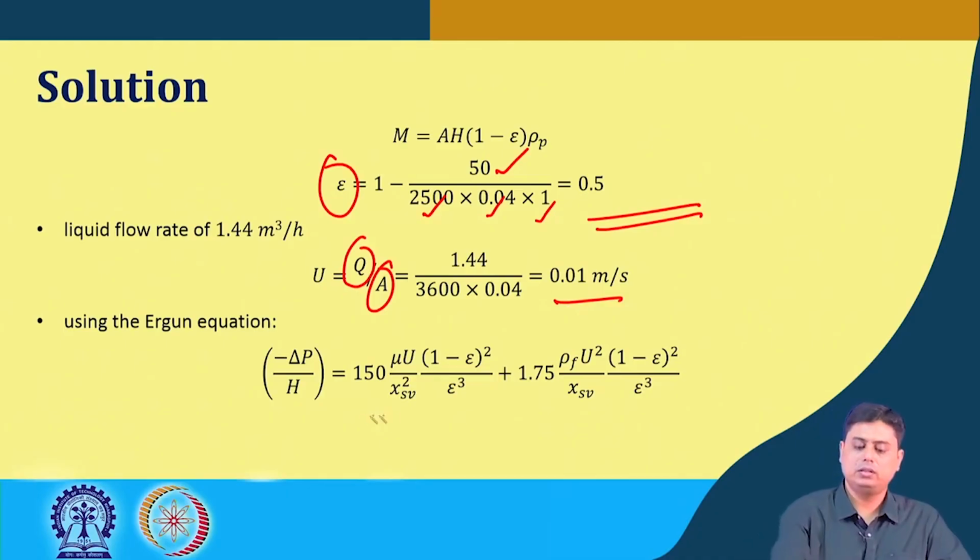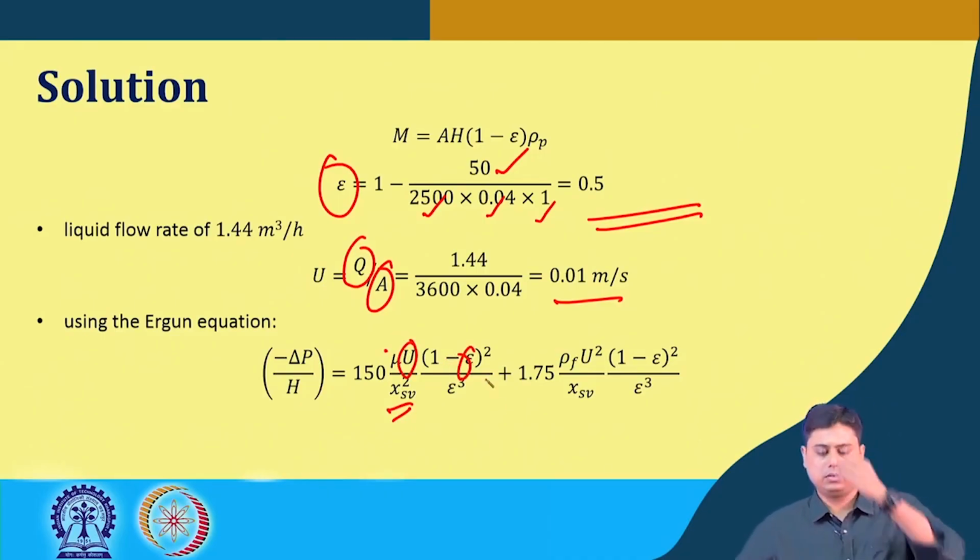Now, in the Ergun equation, we have all known parameters. xsv is mentioned, mu we have already taken into account, u we have calculated, epsilon we have calculated. Similarly rho f is mentioned in this problem. So, the right hand side, all the parameters are known to us now. With that, we can calculate this minus del p by h value.